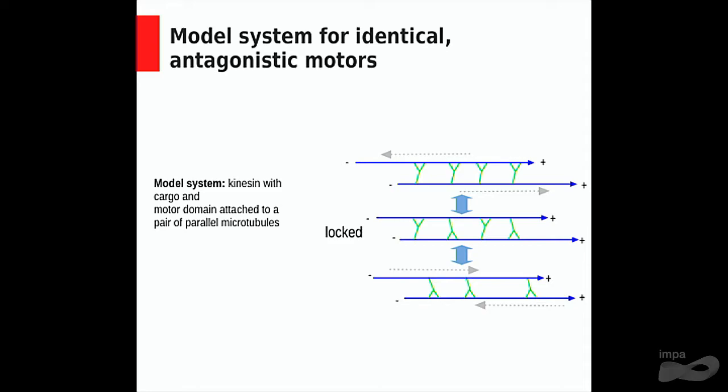So we also have a system of antagonistic motors, but it's actually the same motors with the very same characteristics. The only difference is that in one case they are aligned like that, in the other case they are aligned like this. And of course, you might have this intermediate situation where there's an equal number of motors aligned in one way or the other way. And in that case, we would expect that the forces exerted by those motors would balance each other, and those two microtubules would be locked.